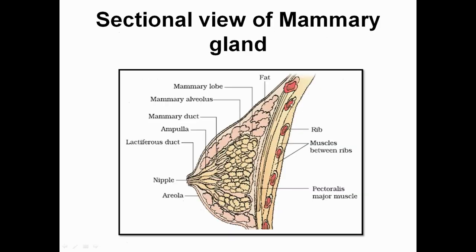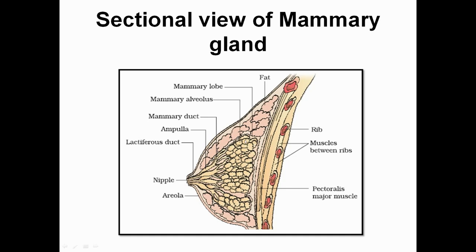Now, the accessory gland we have to study is the mammary gland. Mammary glands are present as a pair in the thoracic region. They are outer structures, and you can see the outer surface of the mammary gland is covered with a fat-like structure.